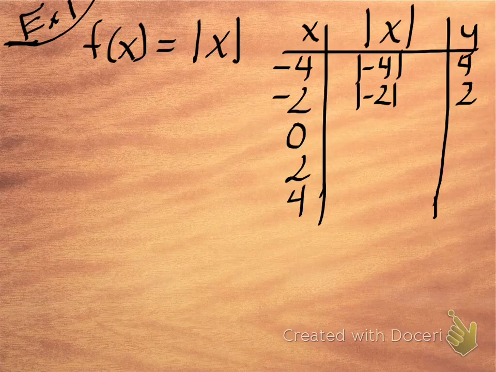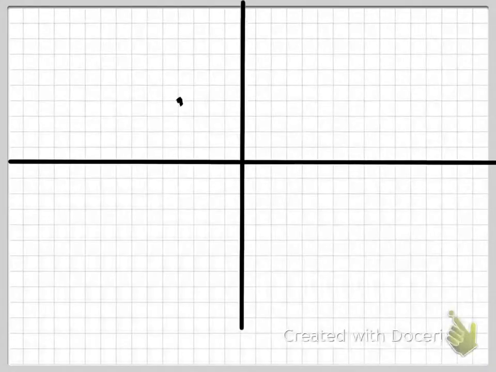At this point you may not have to actually do a table, you may be seeing the pattern, but I'm going to continue it throughout all these points, just so that we have a good set of values.